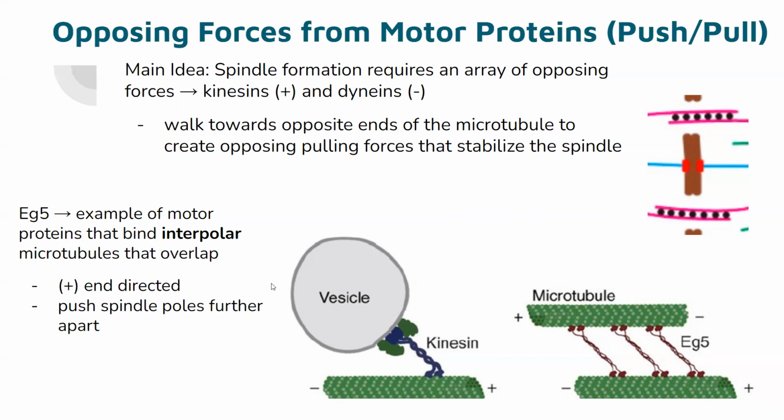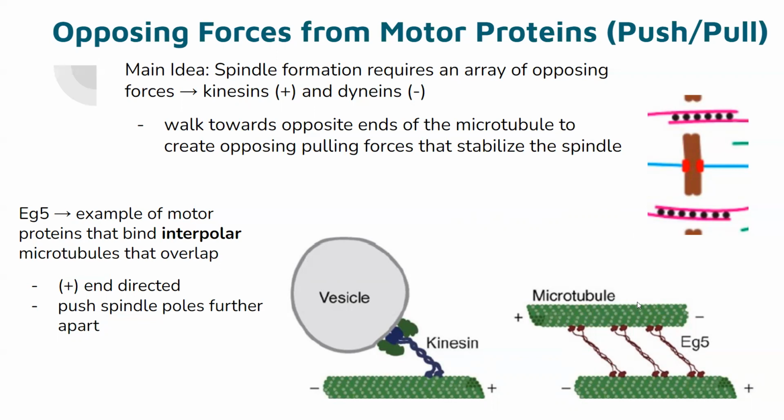And then an example of a motor protein that's interpolar is the plus end directed EG5, which is like a zoom in version of this. And so it's going to have dimers on each side that are both walking towards the plus end of each microtubule.